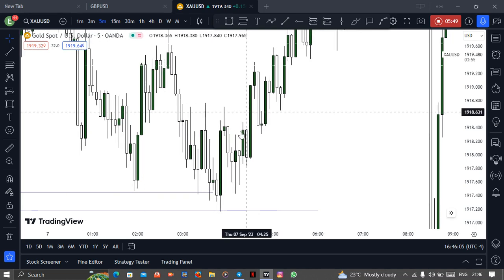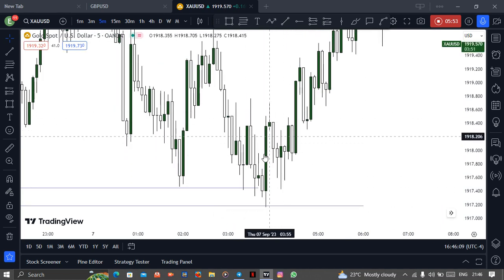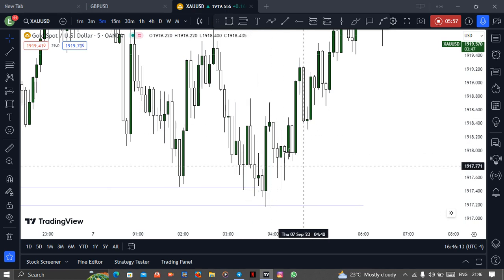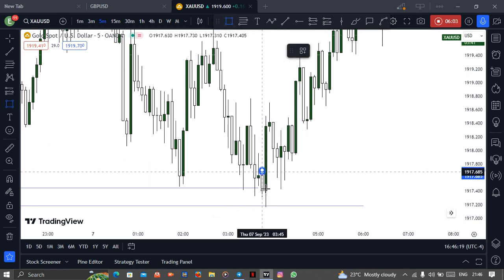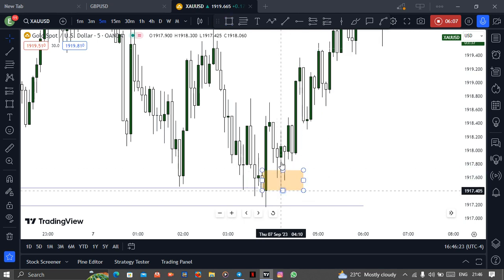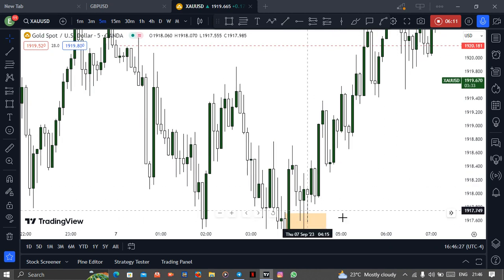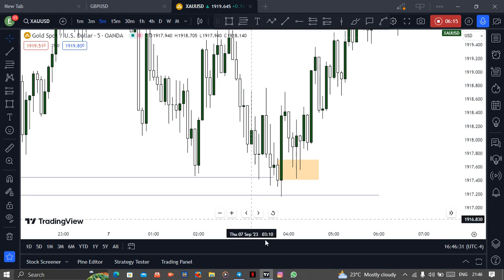Then we had a displacement to the upside, though we never had a market structure shift around here, because this would have been the market structure shift, but we never took it out. But we had this fair value gap. Now the market came back and retested this order block here. You can see this whole rejection. This is signifying that the market wants to buy. So I took my first entry around here.